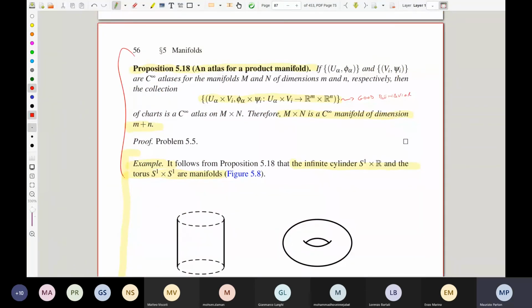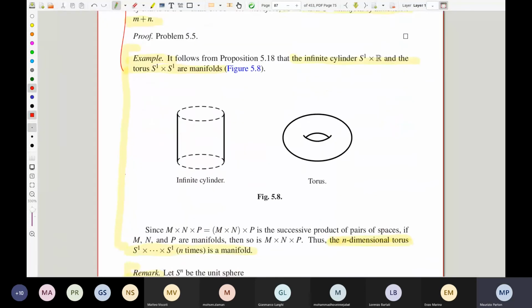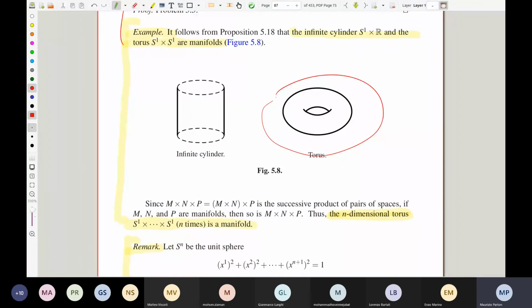Remember, the aim of these lectures is that you become able to read this book, not that you learn all the differential geometry in 4 hours or in 20 hours. Okay. And this is the torus. This is a non-compact two-dimensional manifold, which is the cylinder, right?